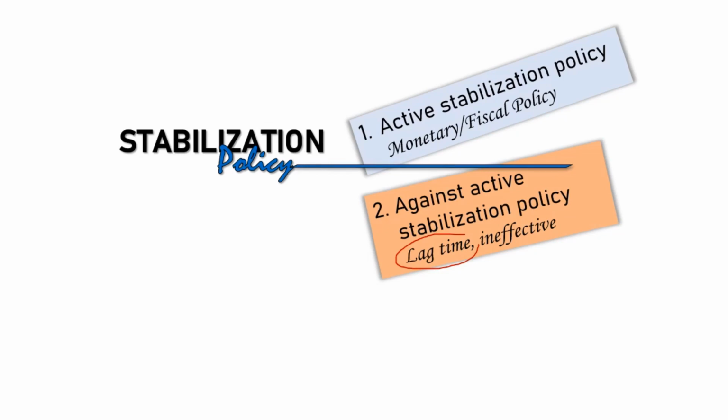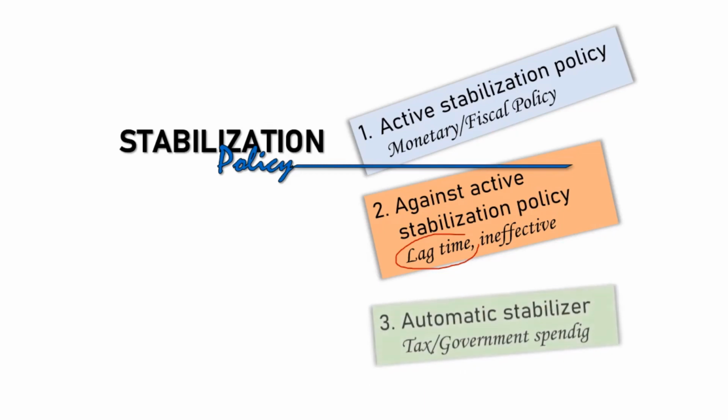Therefore, monetary policy ends up being a cause of rather than a cure of short-run economic fluctuation. Lag in fiscal policy, on the other hand, is largely attributable to the political process because the policy usually needs approval from the legislature.